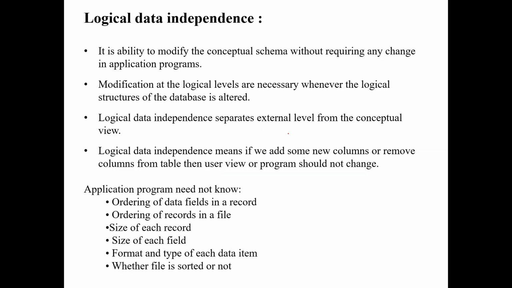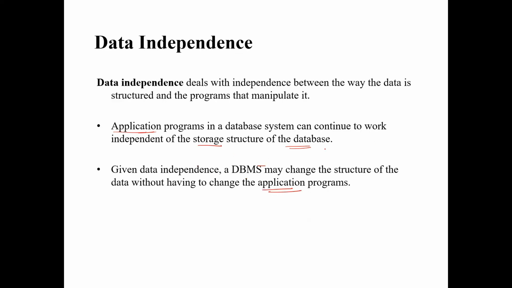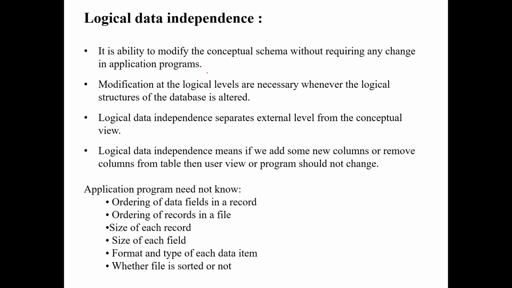So there are two types: physical data independence and logical data independence. First, we see logical, which is between the external level and the logical level. Logical data independence is the ability to modify the conceptual schema without requiring any change in the application program. So your application program, web browser, web application, or Android application will not change, although I change the logical level.